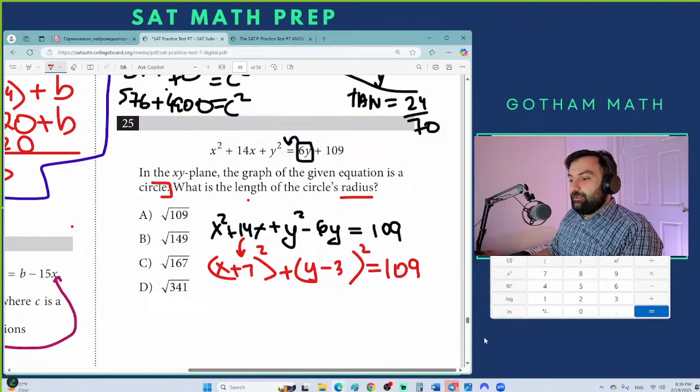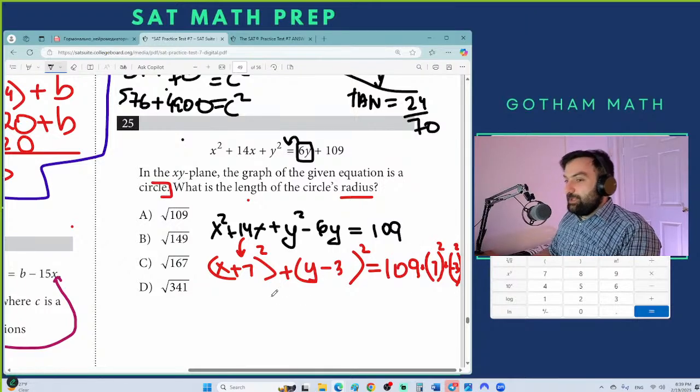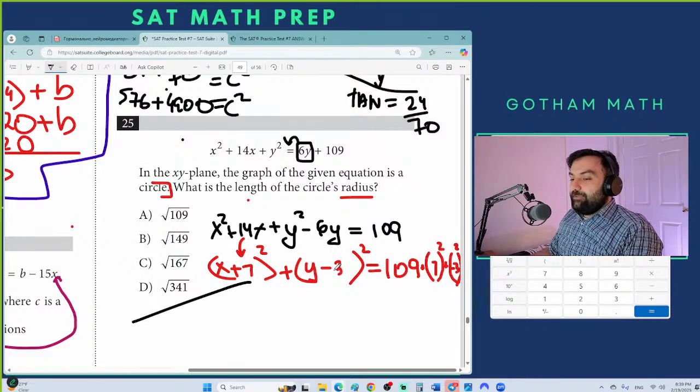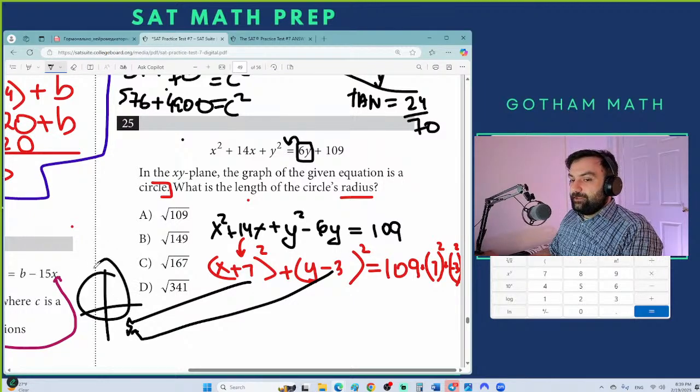And what you need to remember is that the squared versions of those numbers must be added to the right side. So 7 squared and negative 3 squared are added to the right side. This is just memorization. You need to remember it. Don't try to understand why we have to do it. No, just remember the way. Because if they ask you about the coordinates of the center of the circle, then it's those two numbers with opposite signs, like negative 7, 3.